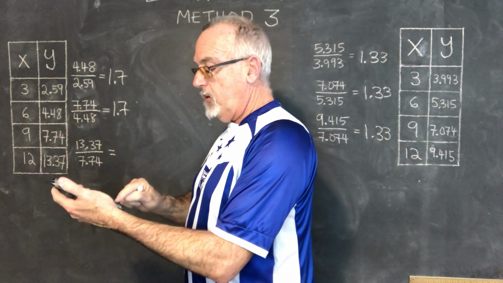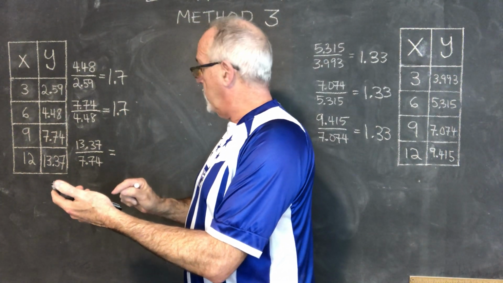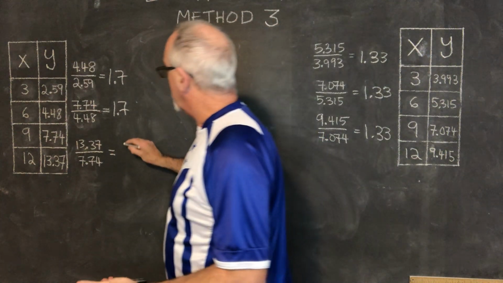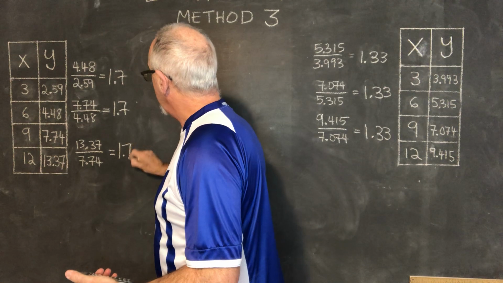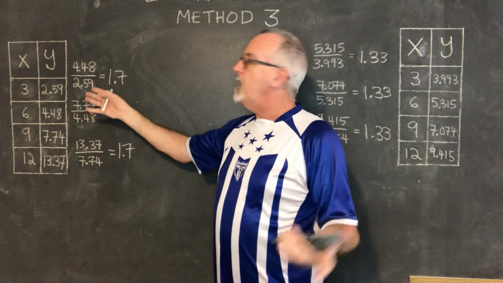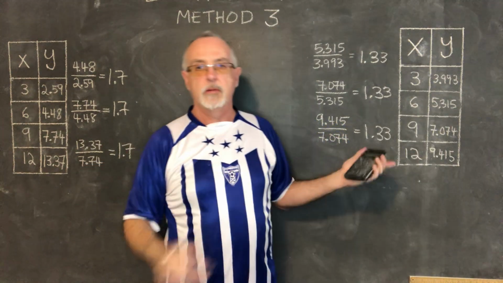And finally 13.37 divided by 7.74 equals 1.727. It's also rounding to 1.7. So the constant quotient test, constant ratio test is telling me that this is an exponential function. Both of these are exponential functions.